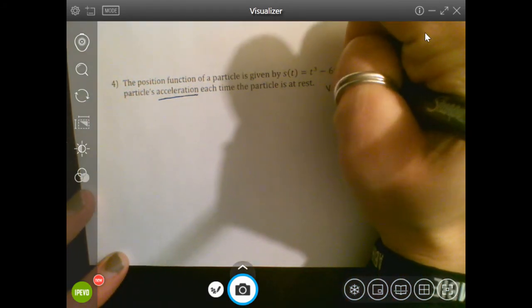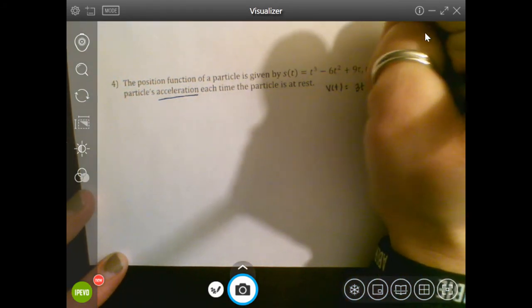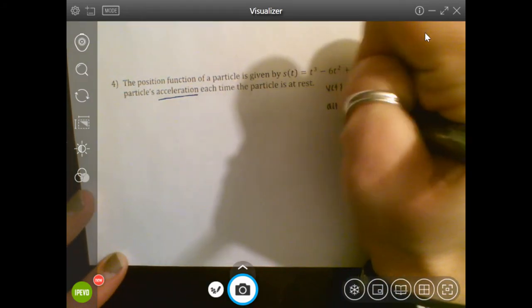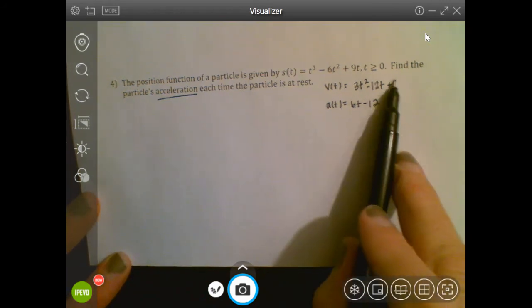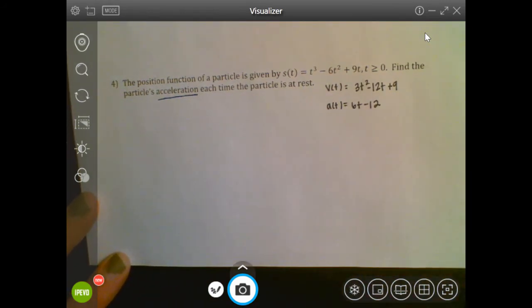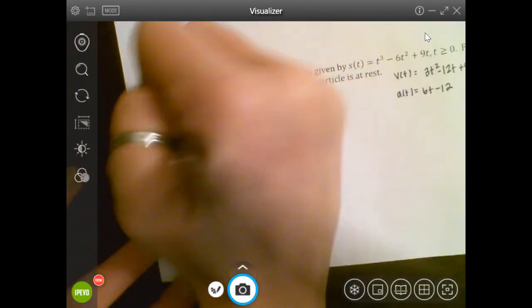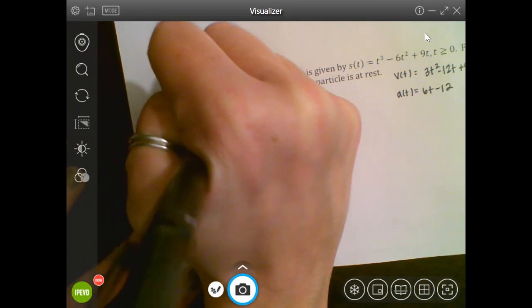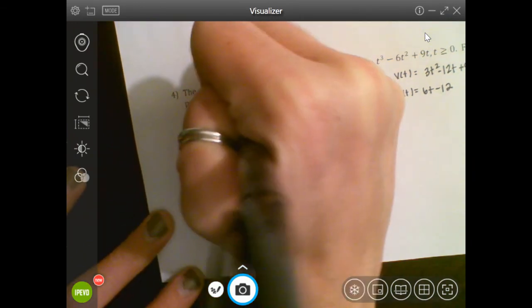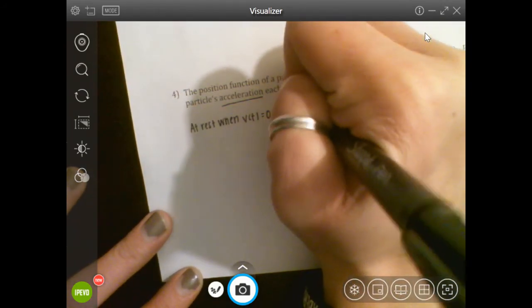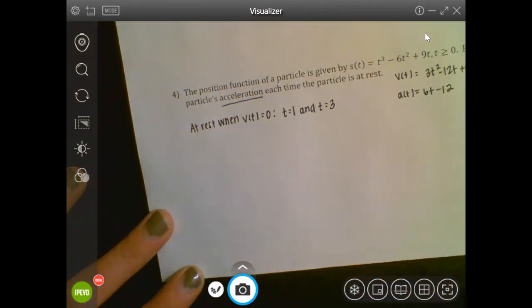So v of t is 3t squared minus 12t plus 9. A of t is going to be 6t minus 12. And if we notice, these are the exact same functions that we were just working with in the last problem. So we knew that we were at rest when v of t was 0, and we know that that happened at time 1 second and time 3 seconds.